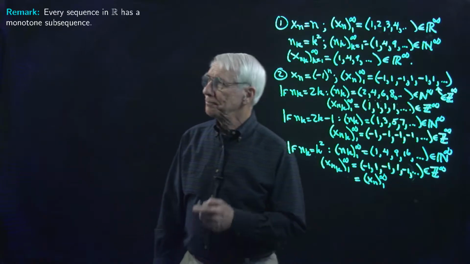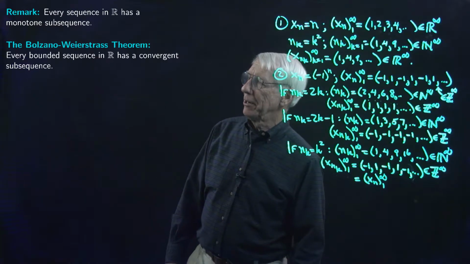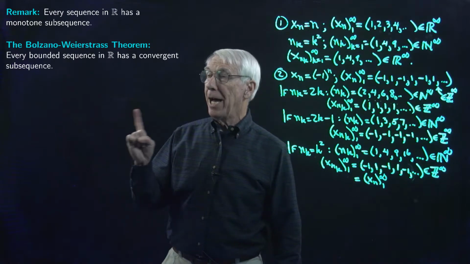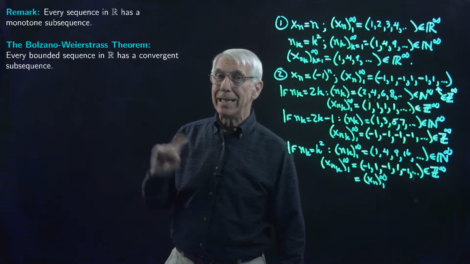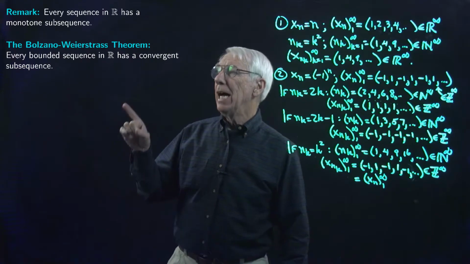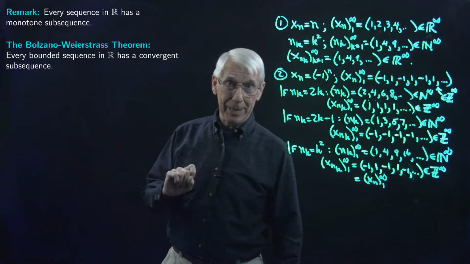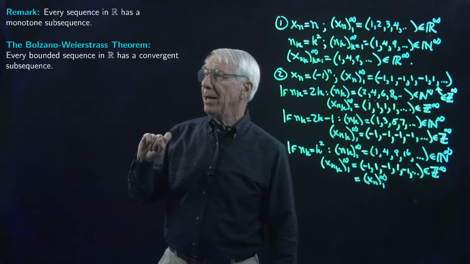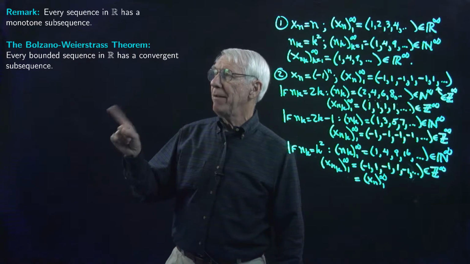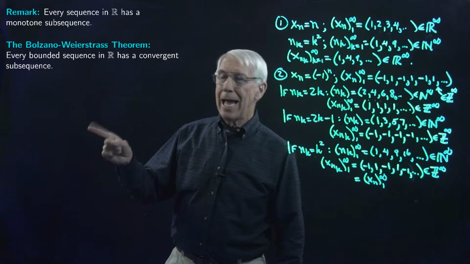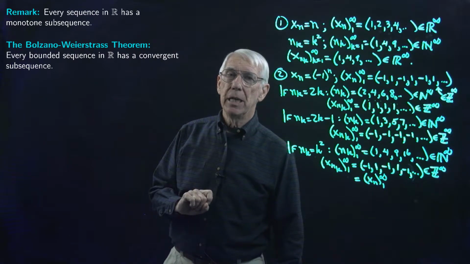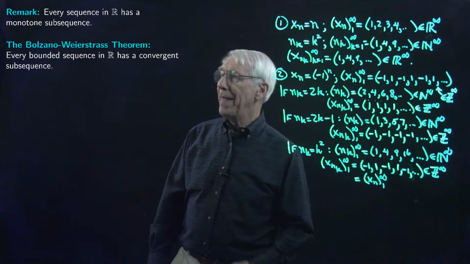Okay, so next item here on our agenda is the Bolzano-Weierstrass theorem, a biggie, a big-time theorem in mathematics and for economics. So the Bolzano-Weierstrass theorem says that every bounded sequence has a convergent subsequence. Well, let's back up and see why that might be true.